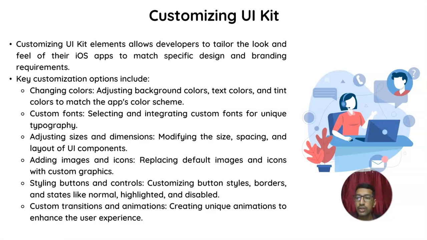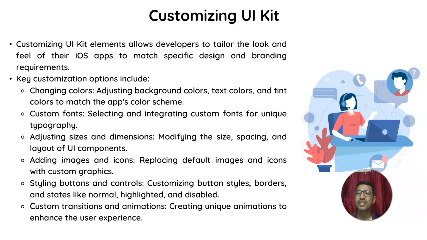customizing UIKit. Customizing UIKit elements allows developers to tailor the look and feel of their iOS apps to match specific design and branding requirements. So we can customize our UI components such as labels, text boxes or image views, so that we can make changes or make them attractive.